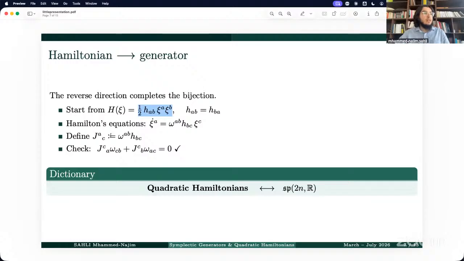And if we define this product of two terms as a matrix J, we can check that we end up with the same definition of the element of the Lie algebra. So I proved the two ways, coming from a Hamiltonian to a generator or element of the Lie algebra, and the other way. So at the end of the day, we can define a dictionary between terms of quadratic Hamiltonians and the Lie algebra sp(2n, R).